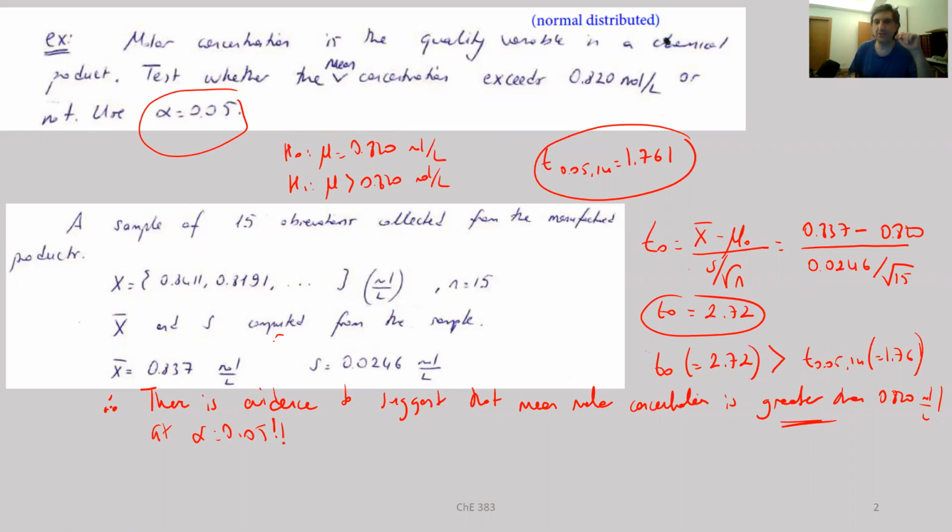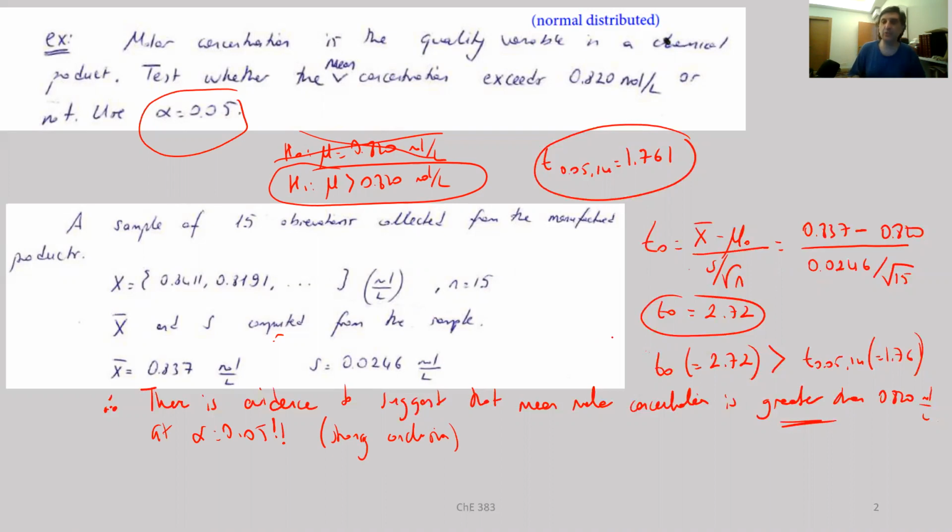And note that this is actually a strong conclusion, because it leads to rejection of the null hypothesis. Now we have reason to believe that H1, mu is greater than 0.820.